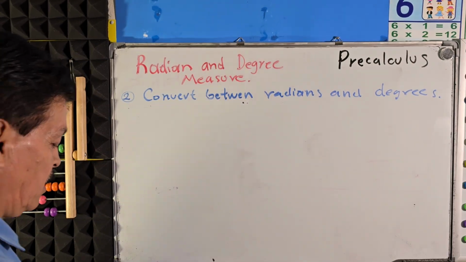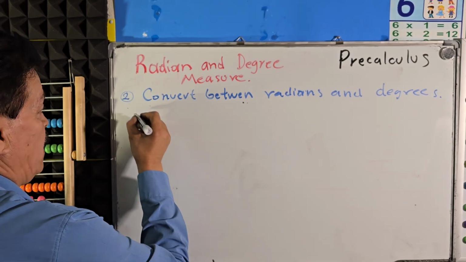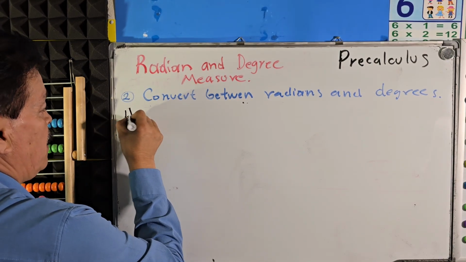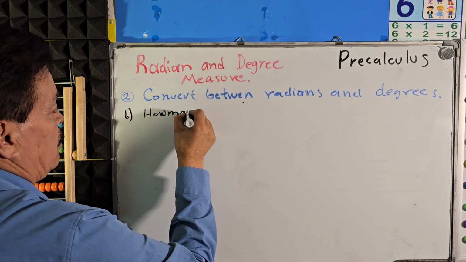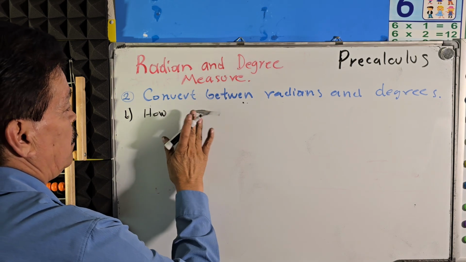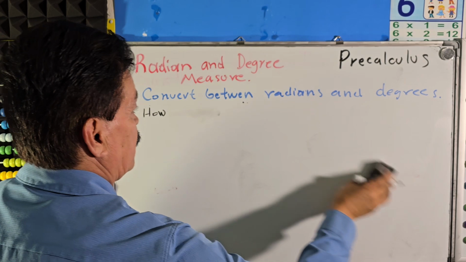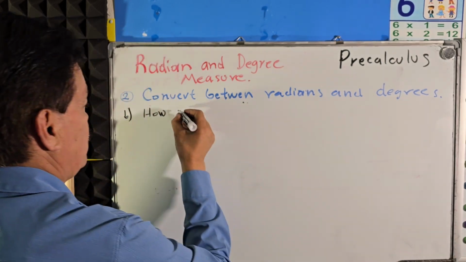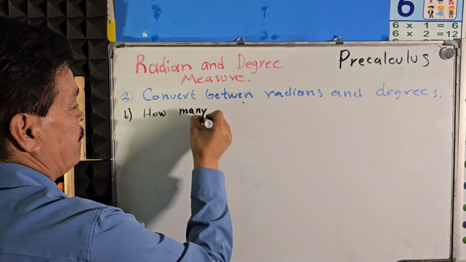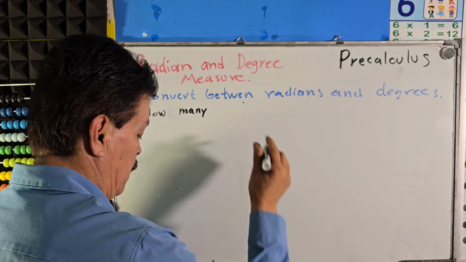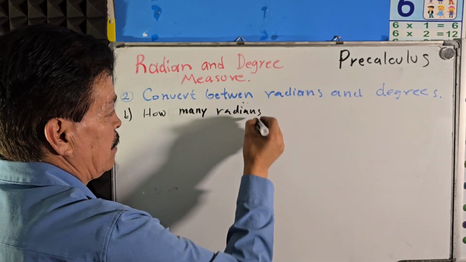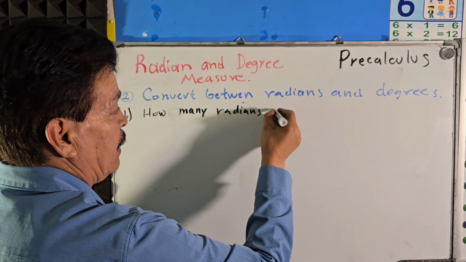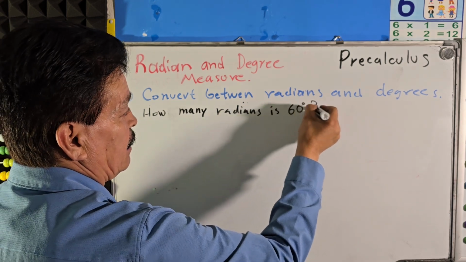Let's write another simple problem. How many radians is 60 degrees?